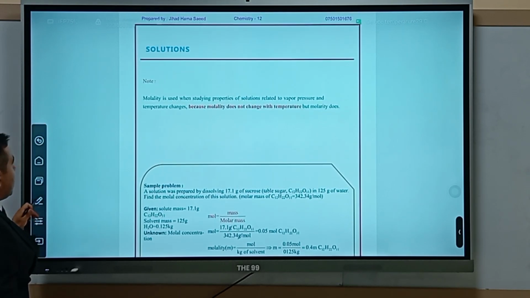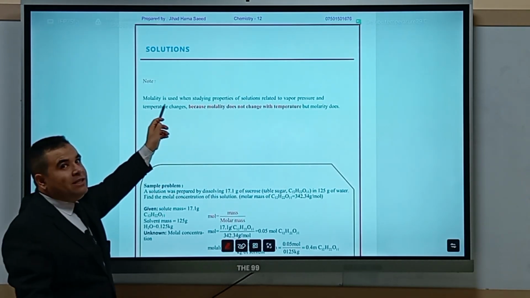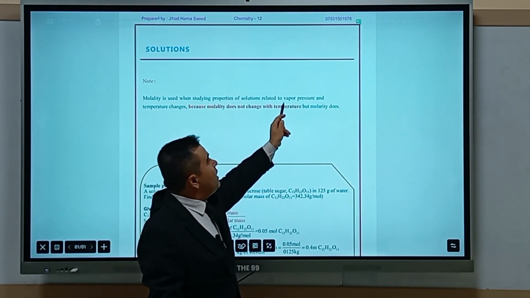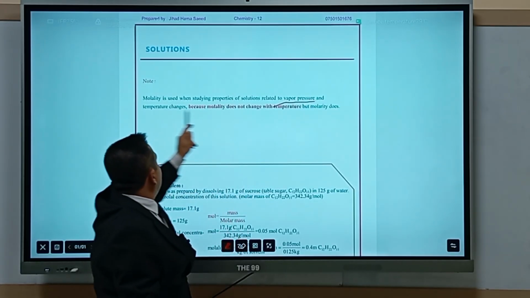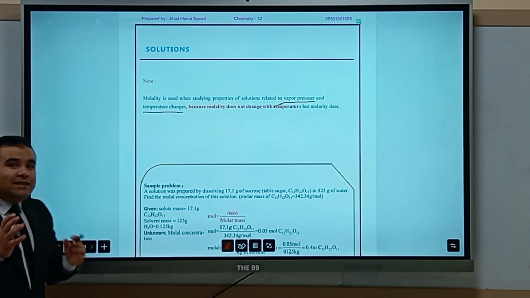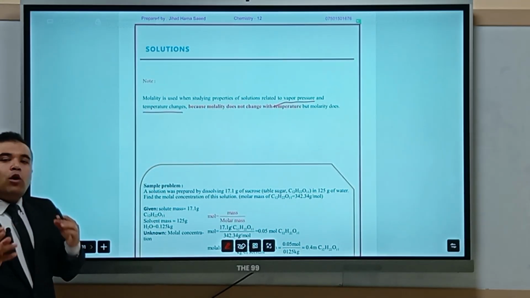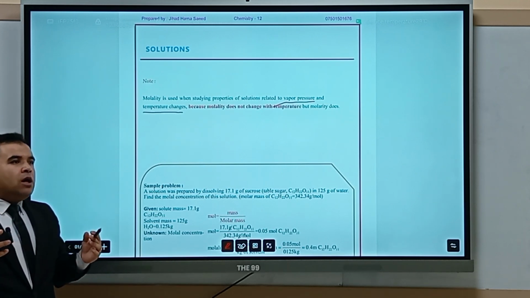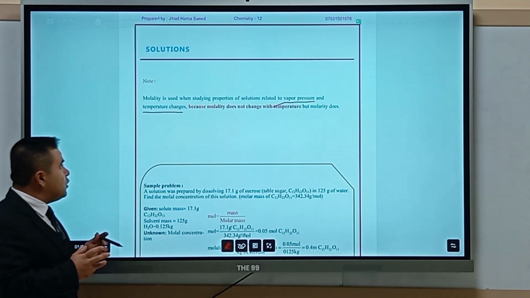We have a note here, guys. Molality is used when studying properties of solutions related to vapor pressure and temperature changes. Why? Because molality does not change by changing the temperature.